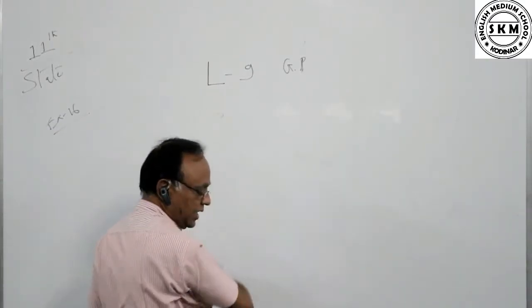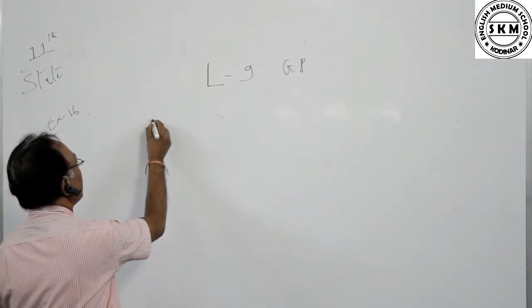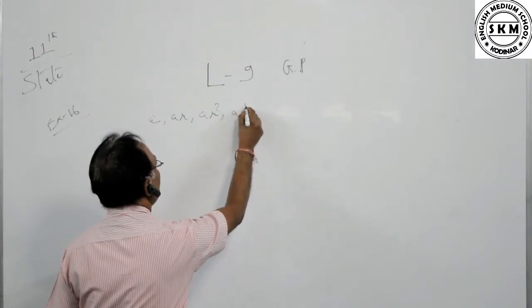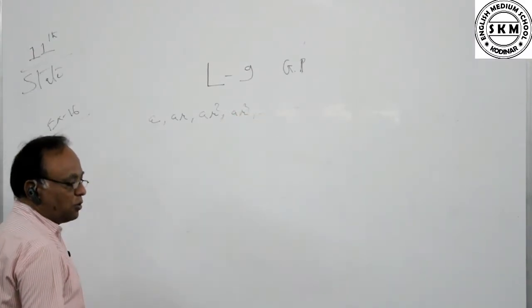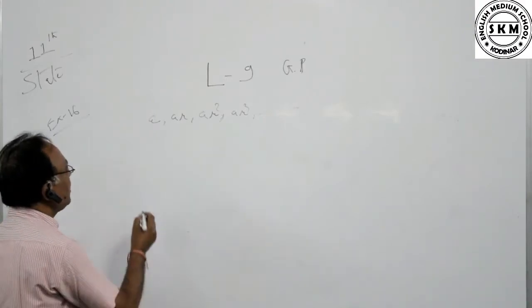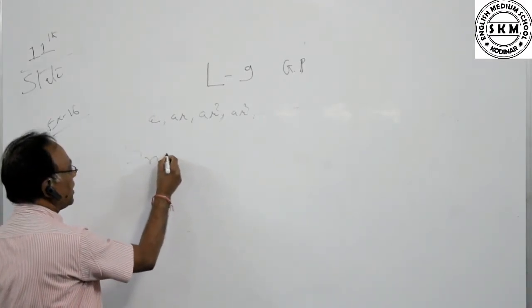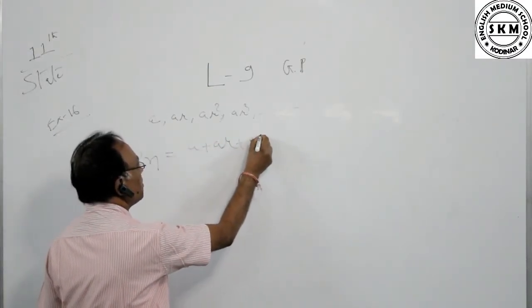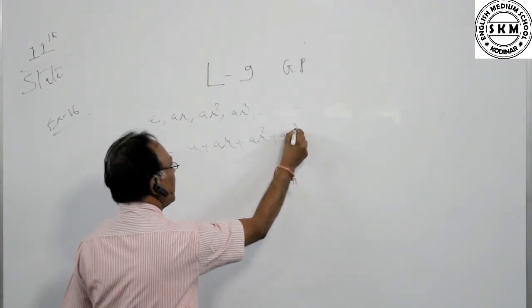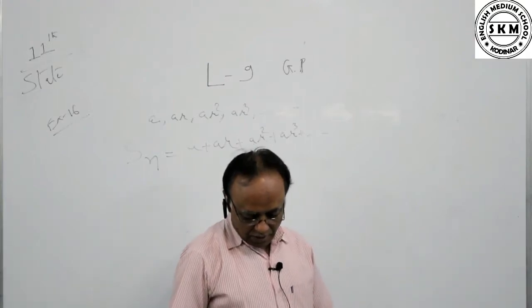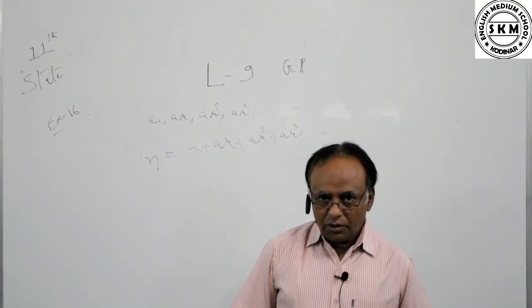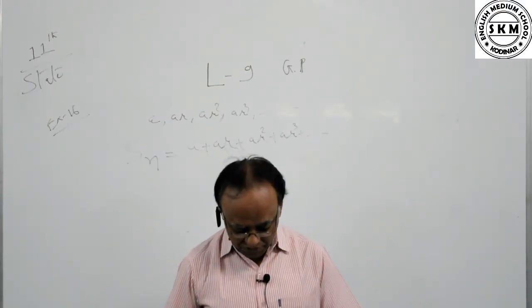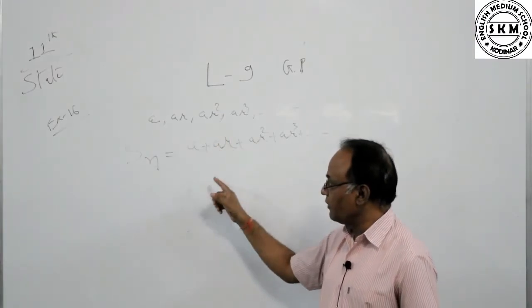Suppose the series is in the form A, AR, AR square, AR cube, and so on, and we want to find the sum of n terms. The sum denoted by Sn is equal to A plus AR plus AR square plus AR cube plus so on.